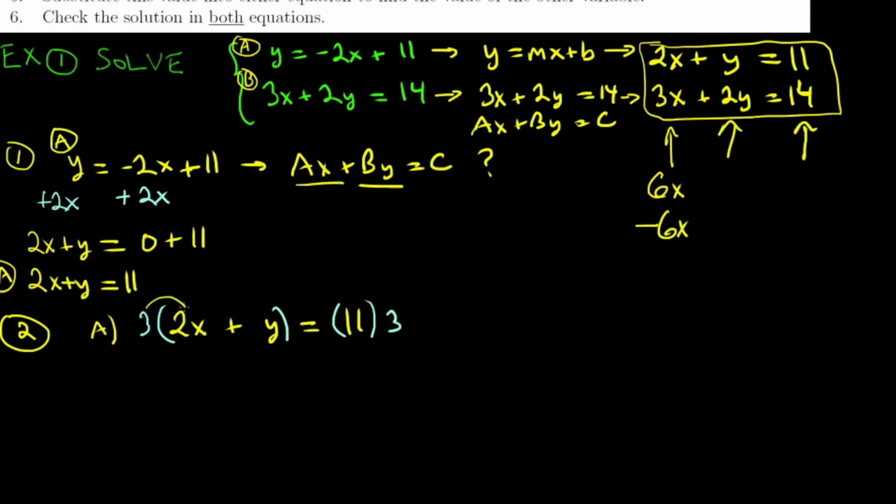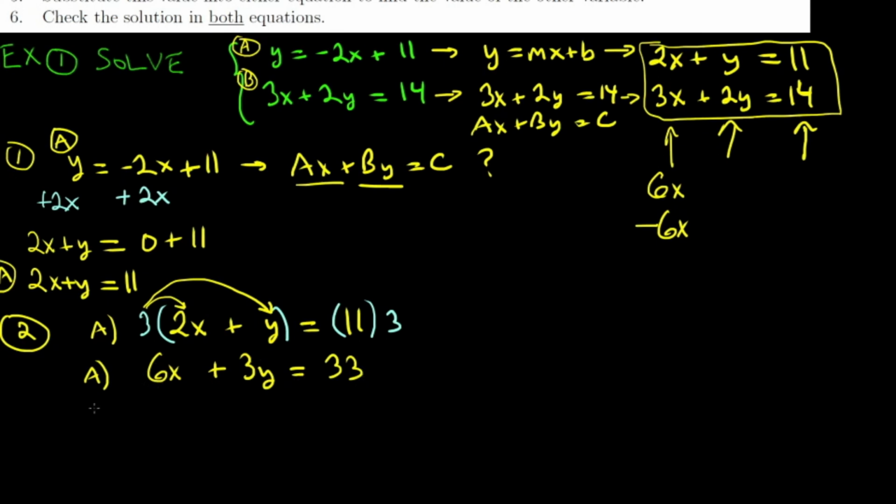So 3 times 2x is 6x, plus, don't forget the distributive property, you have to multiply 3 times y as well. And on the right side, 11 times 3 is 33. So this is still equation A. We just multiplied it by 3.